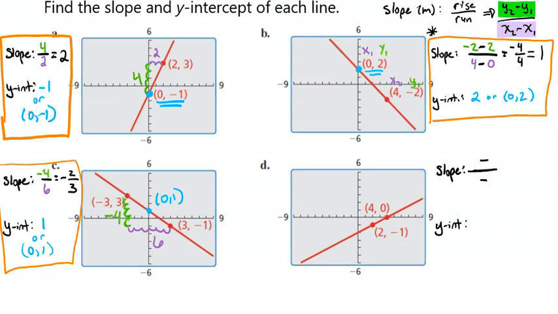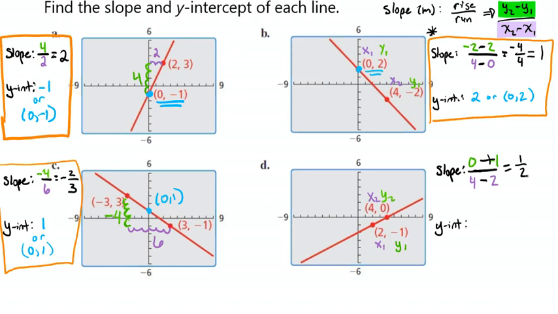Okay, so I'm going to calculate this one. Here I have my x1, and here's my y1, and here's my x2, and here's my y2. So I'm going to have 0 minus -1 over 4 minus 2, and that's going to give me a slope of 1 over 2.